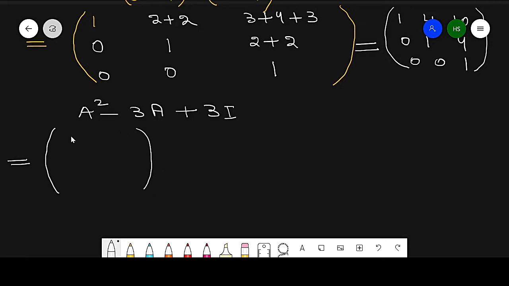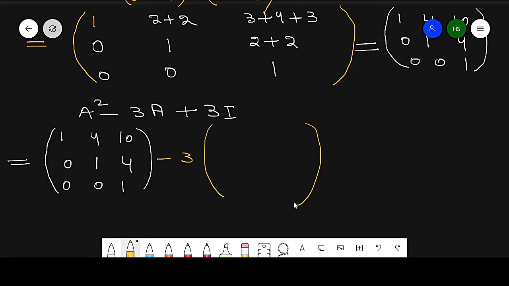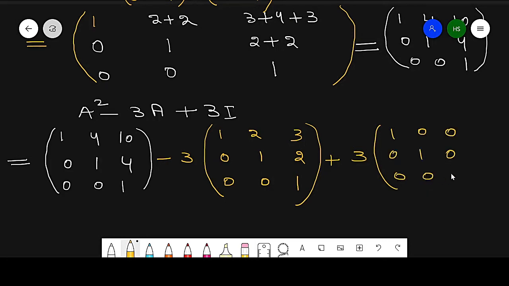So the matrix 1 4 10, 0 1 4, 0 0 1, minus 3 times A, 1 2 3, 0 1 2, 0 0 1, plus 3 times the identity matrix 1 0 0, 0 1 0, 0 0 1.